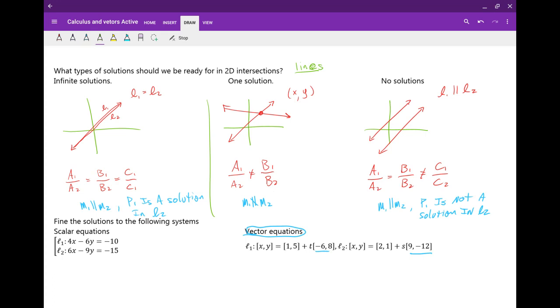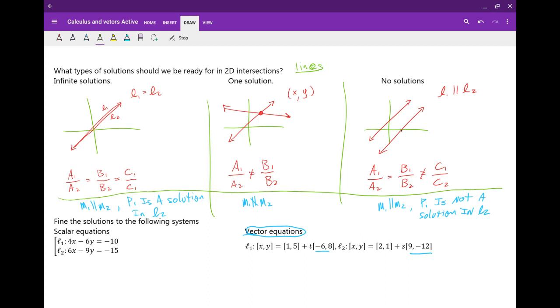Remember those examples previously that we did? How do we determine if a point is on a line? You would take this point and test to see if it's on this line. If it is, then you know you have the same line over here. If it's not, then you know you have no solutions, okay? So basically, what I've done here is lay out all of the three possibilities.